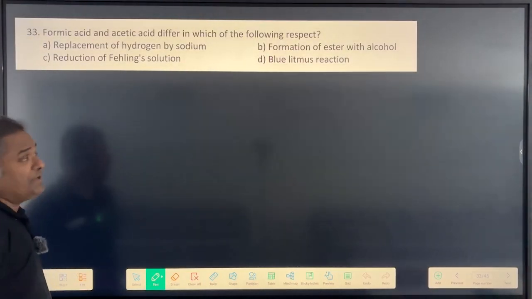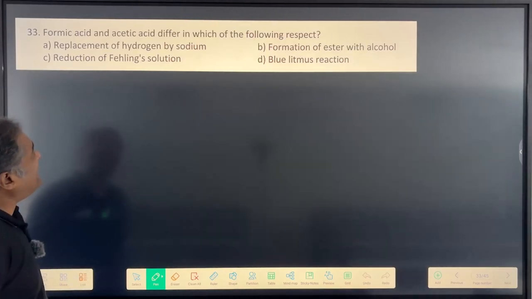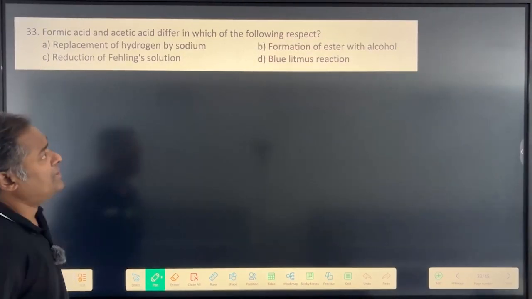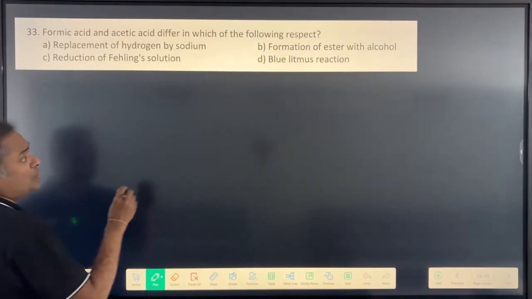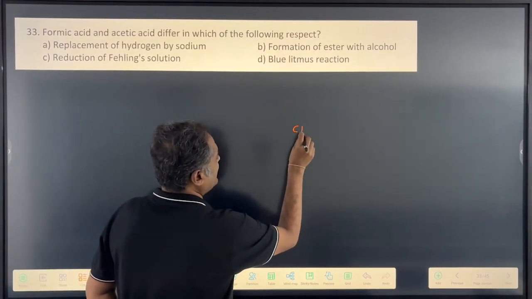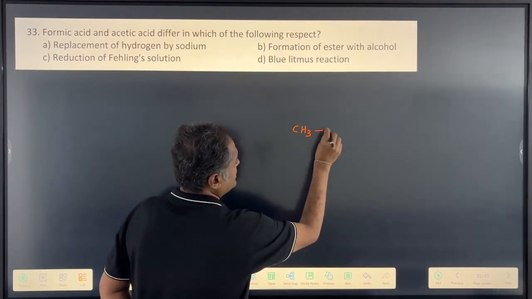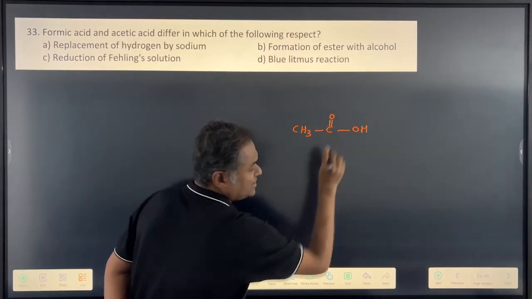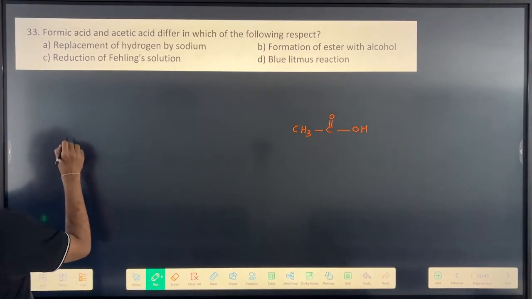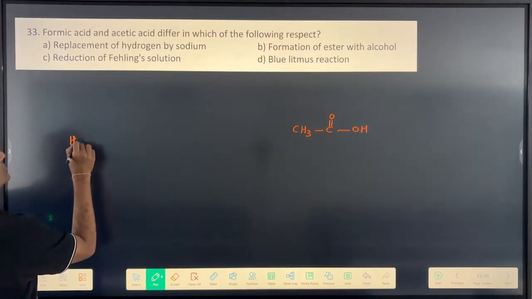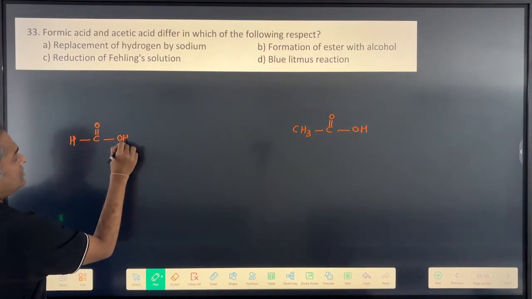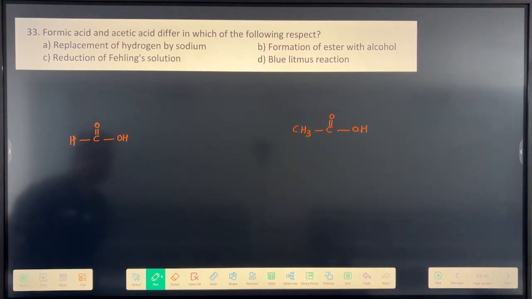Now here what they have given: formic acid and acetic acid differ in which of the following respect. Basically, child, when you write acetic acid, we write it like this: CH3, C double bond O, and OH. Whereas formic acid is written as H, C double bond O, and OH. Now just tell me one thing, child.